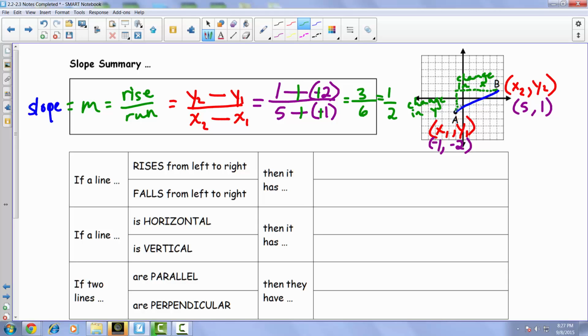We can even see that if we start at point A and go up 1 over 2, there's in fact a point there. Likewise, if we go up 1 over 2 more, there's another point. Up 1 over 2 again finally ends up at B. So this 1/2 is the simplified version of the change as you're rising and running. It did not matter which one was x1, y1.